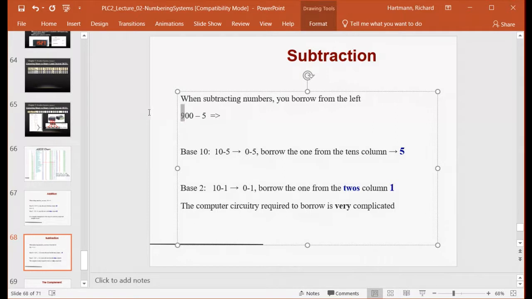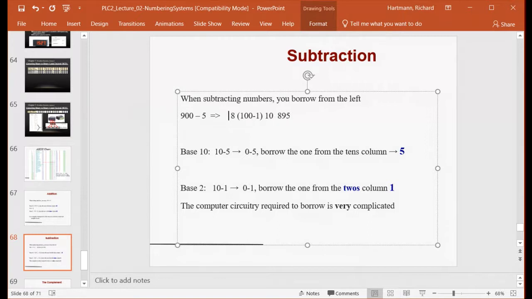So I first have to borrow from the nines column, or excuse me, I borrow 1 from the hundreds column. So that actually gives me 100 in the tens column. And so now I can borrow 1 from this one, which will give me 10 in the ones column. So then I'm going to end up with 895 as my result.